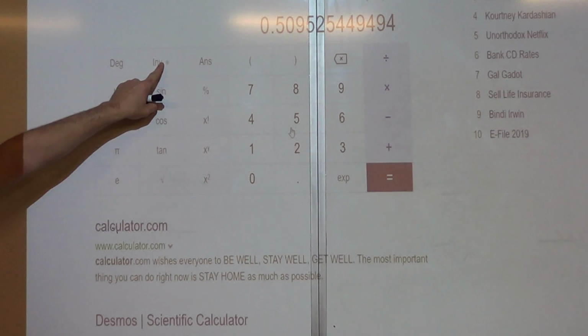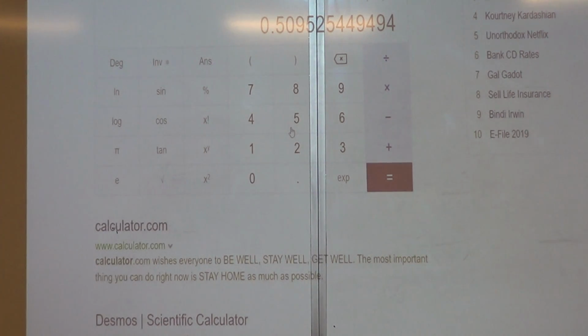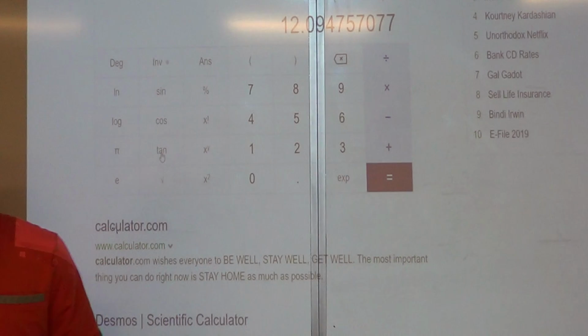So I'm going to hit the inverse tangent, and that was 0.75 divided by 3.5. So I hit the inverse tangent, see tangent inverse, and then it was 0.75 divided by 3.5. And it gets me about 12.09. Typically, we're going to round to the nearest degree.